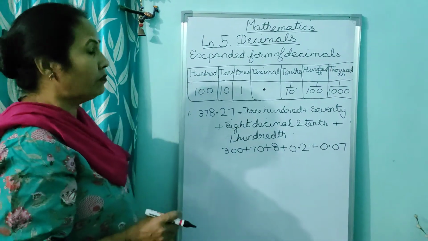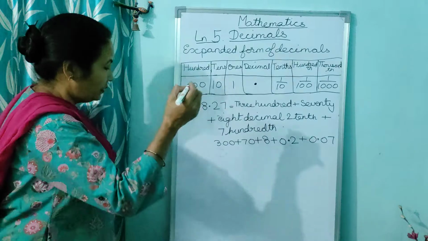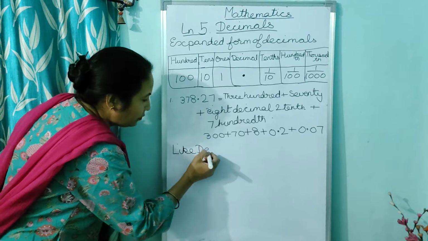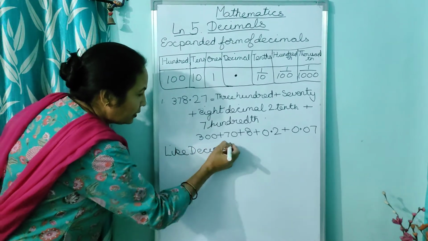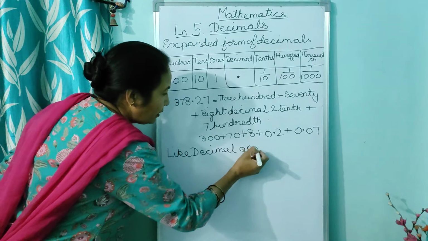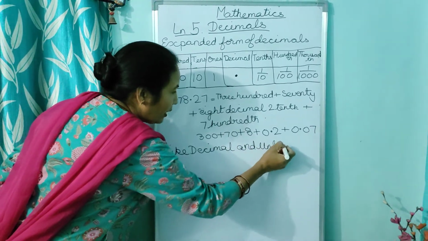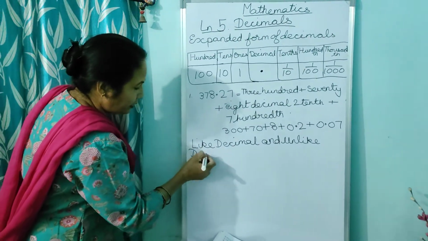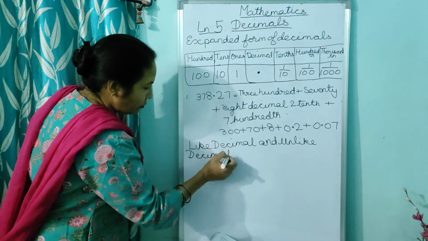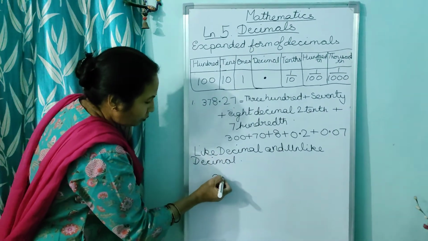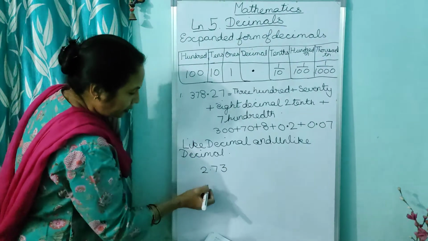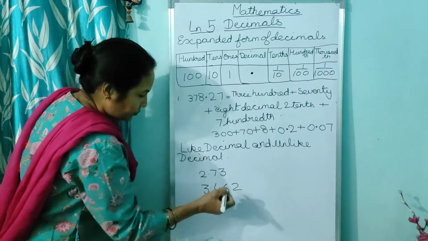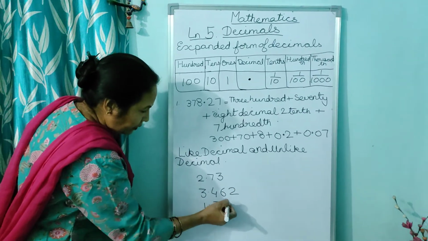Next you have like and unlike decimals. In like decimals and unlike decimals, the difference is in the decimal places, and there is a method by which you can change them into like decimals. See here you have 2.73, then 3.462 and 1.73.